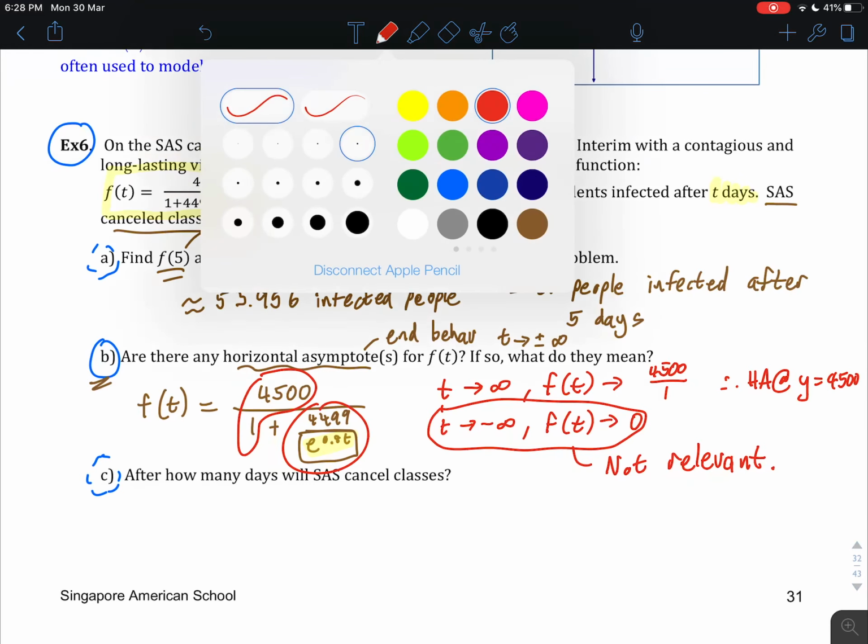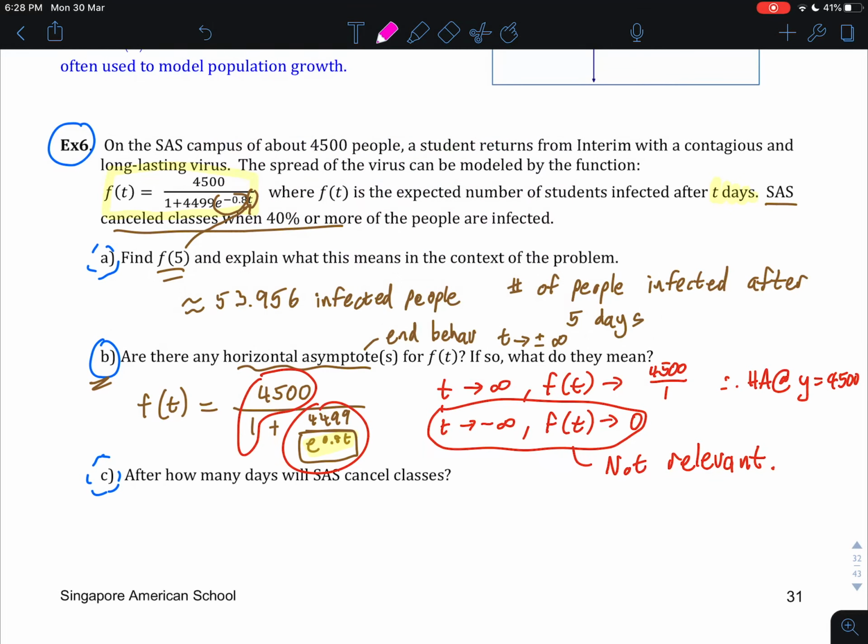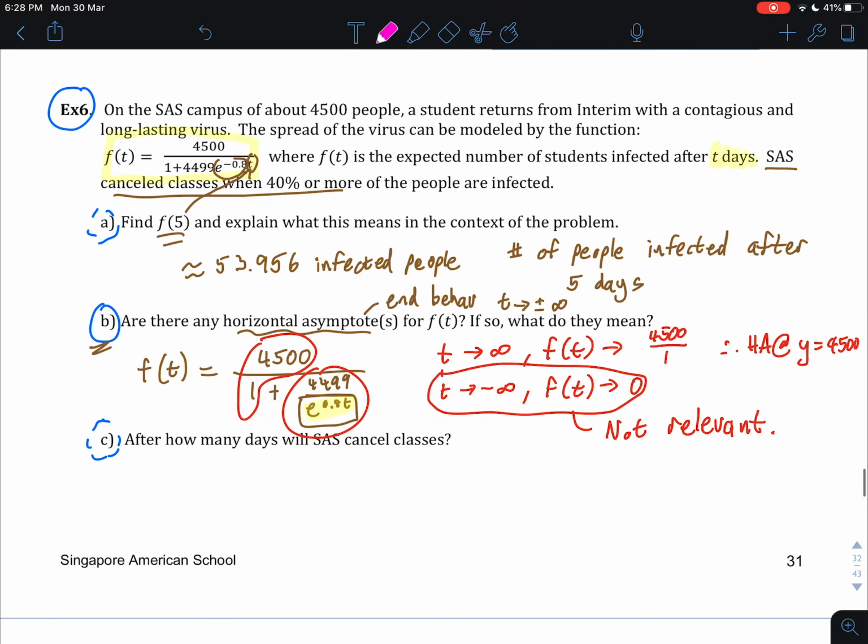Okay, and last but not least, again, I'm just going to focus on the initial setup, and then I'll help you with the answer here. And so part C is asking after how many days will SAS cancel classes? Of course, according to the model. And so all of our calculations are based on the given model.